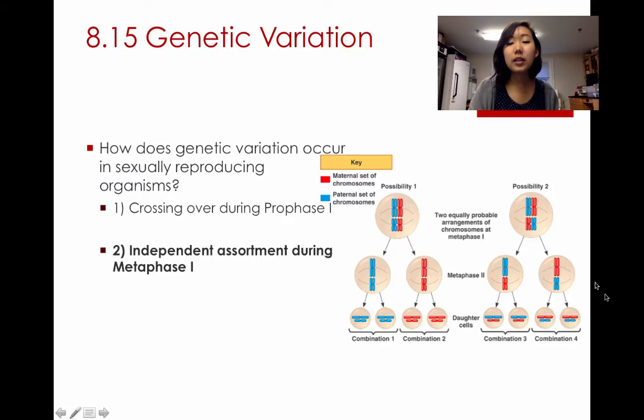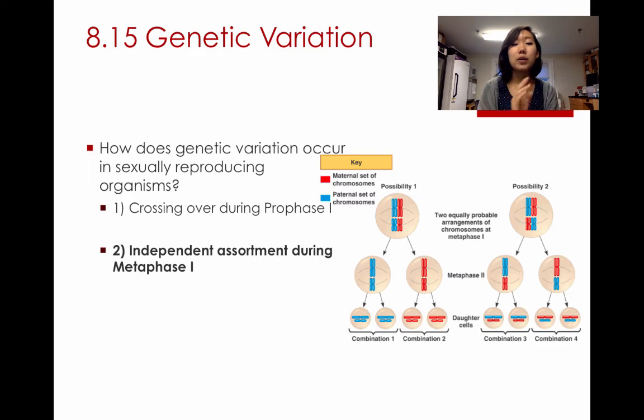But the second possibility, actually, is that when your chromosomes align in the middle of a cell, they can align in different ways. So it could be 3 chromosomes from your mother's side and then 1 chromosome from your father's side and then 3 more from your mother's side. It can have just so many different variations and combinations of which side is mostly your mother's DNA and which side is mostly your father's DNA.